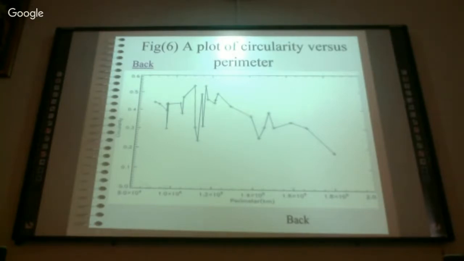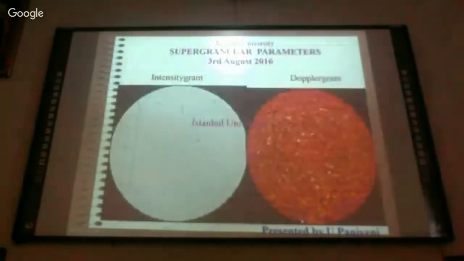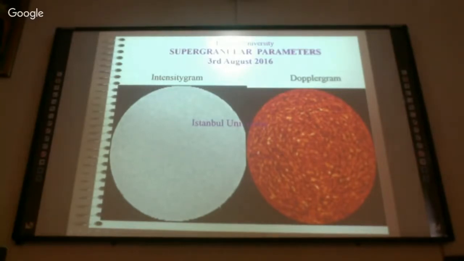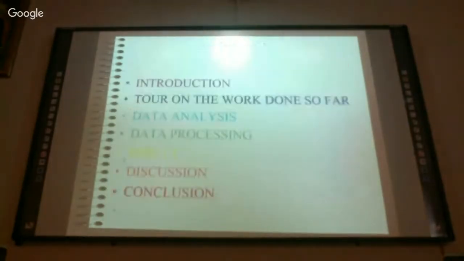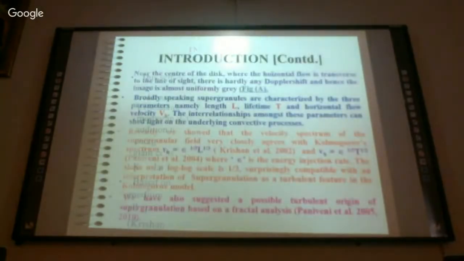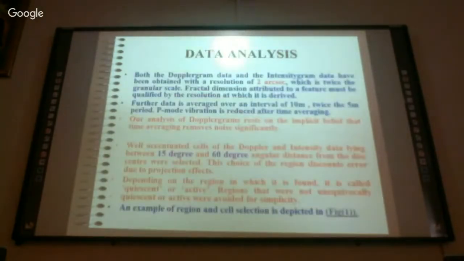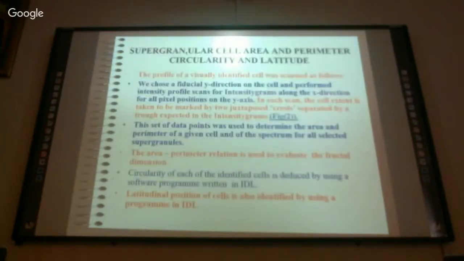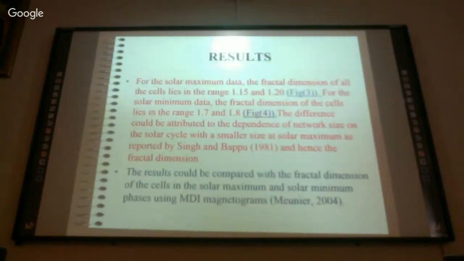So this is the plot of circularity versus perimeter. Do you have those figures separately?